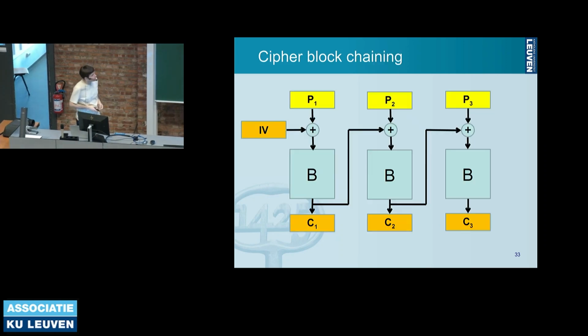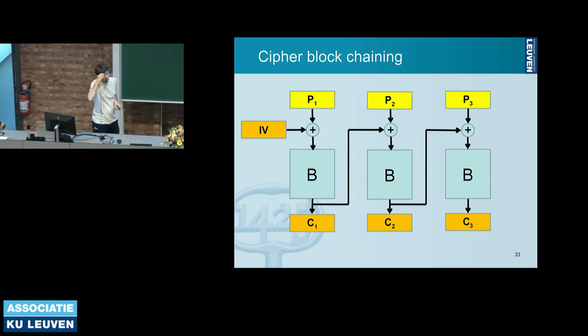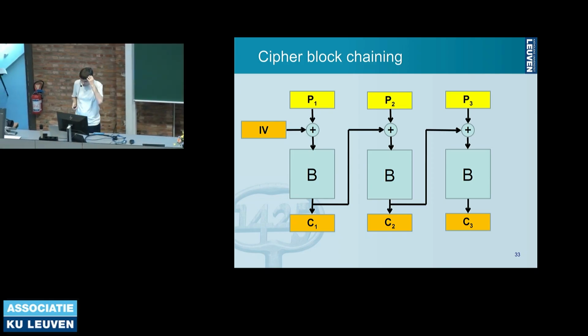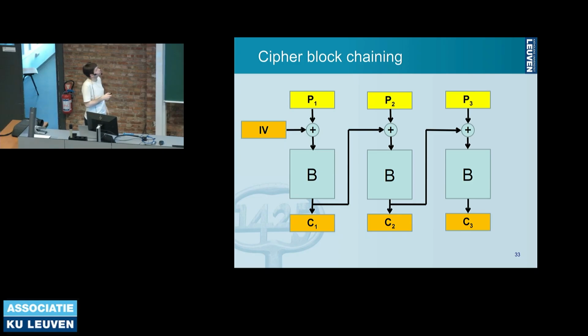So what can you do to do it in a secure way? There are several proposals, and I'll just give a few examples. First one is CBC. What do you do here? First of all, you start by introducing this initial value.